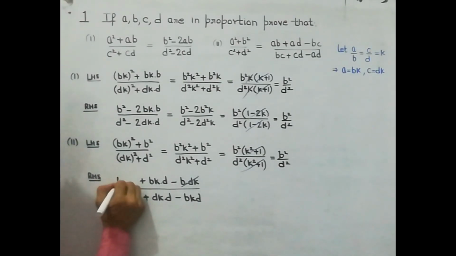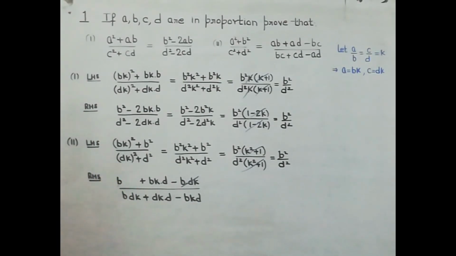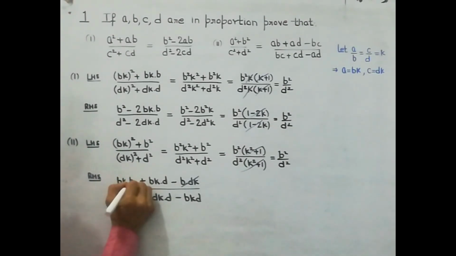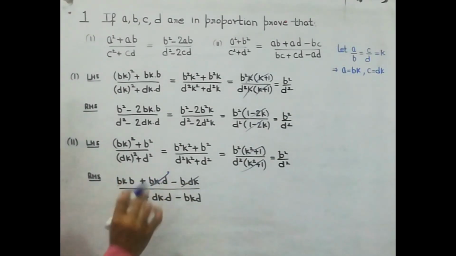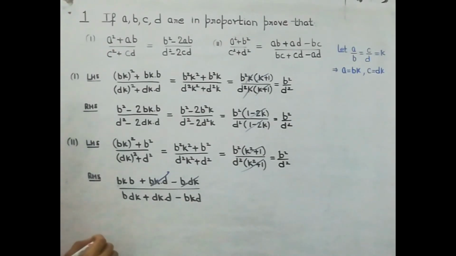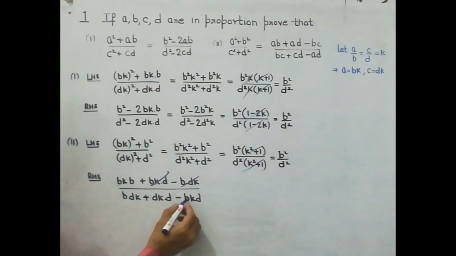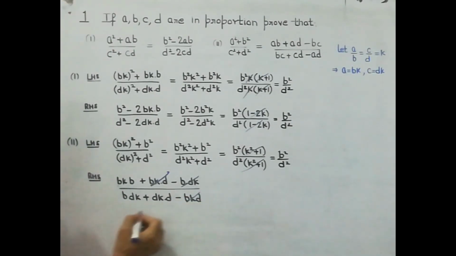Similarly in the denominator place, this is BK into B. So these two will cancel out, BKD and BKD. In the denominator place, minus BKD plus BKD will cancel out.